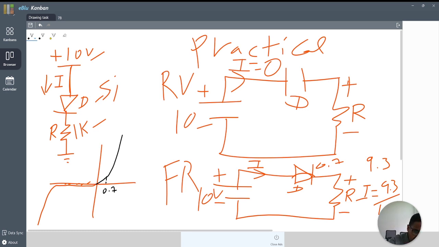So this is forward conduction, and that was reverse. This is ideal versus practical diodes. If you have any questions or doubts, you can write in our comment section.